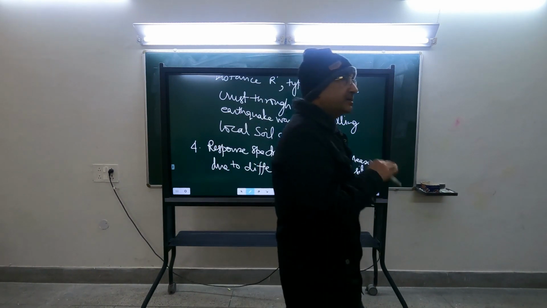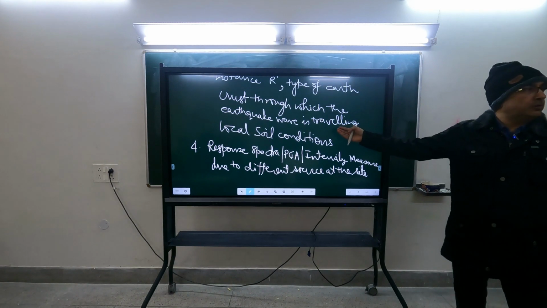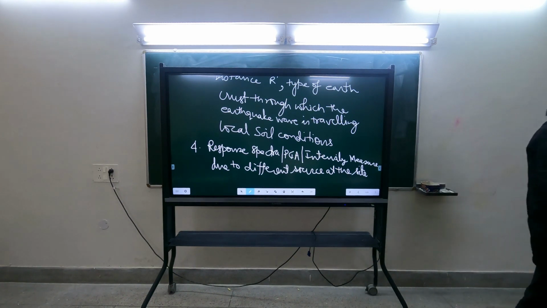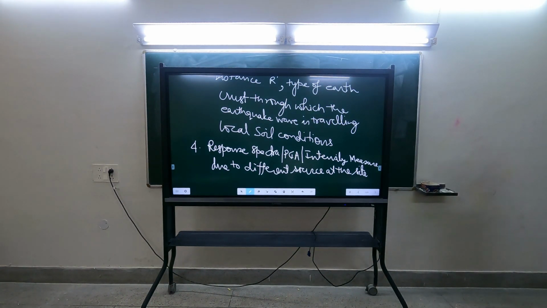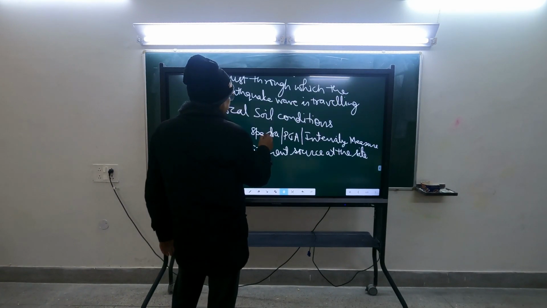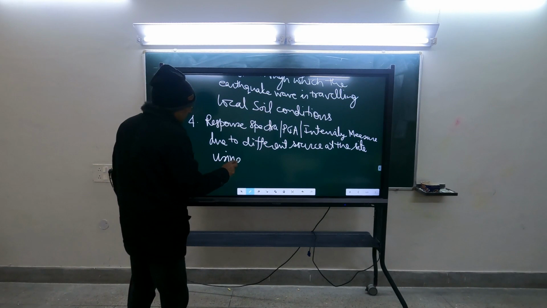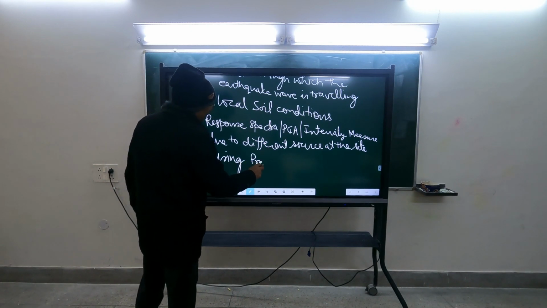So you know M and R. How can we take into account the path characteristics? By considering different regions, that is, in which region of the world the fault and the site are located. And this response spectra or PGA is obtained using what we call predictive relationships.